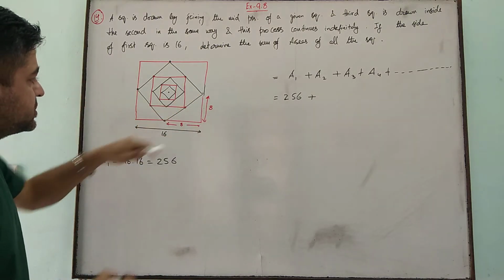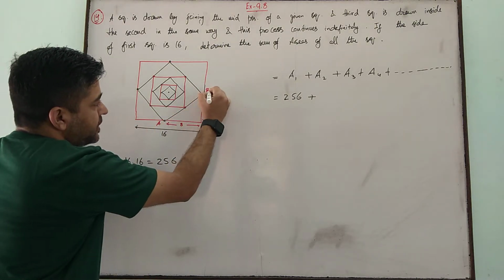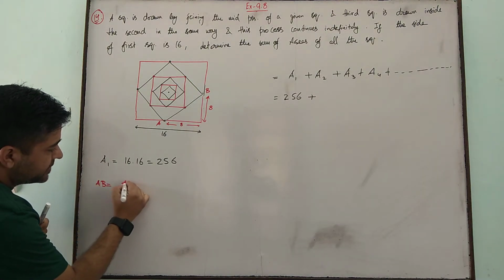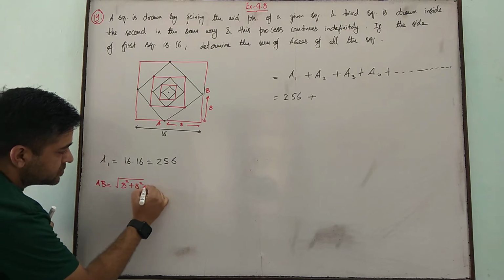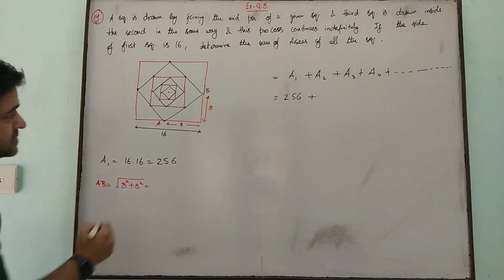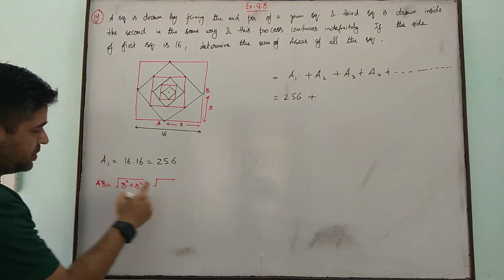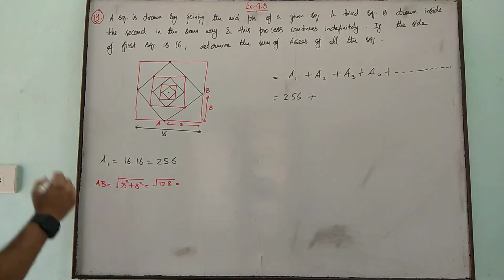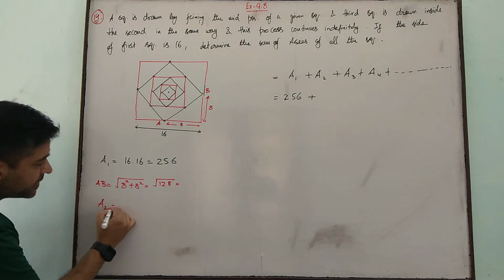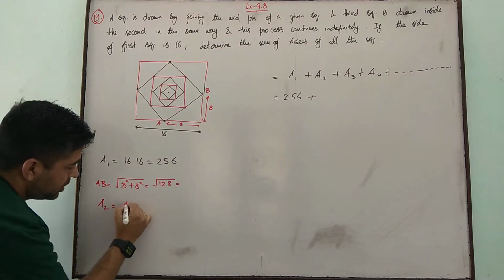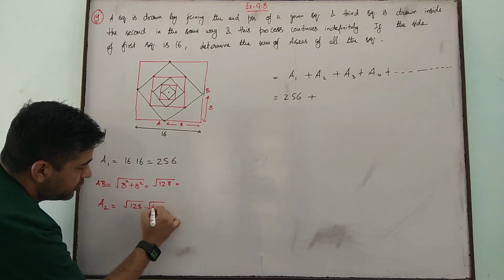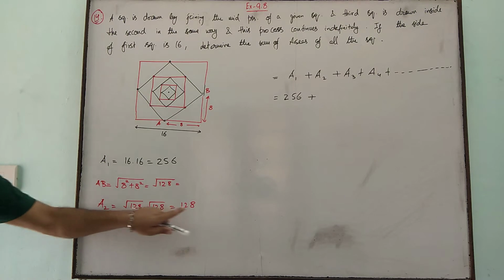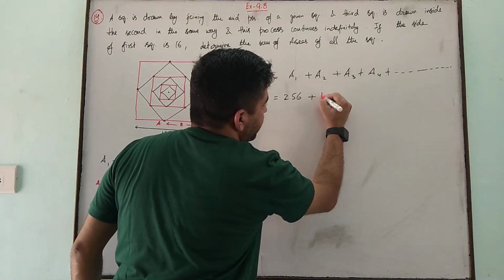For the second square your side, that is AB, will be the square root of 8 square plus 8 square, that is under root 128. Then the area of the second square will be under root 128 into under root 128, that is 128. Right? So for the second, area is 128.